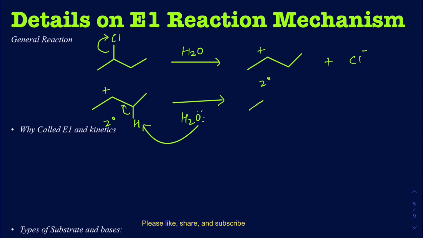So at the end of the day, you're still going to have an alkene made here, and obviously you're going to retrieve H3O plus. So that's your two steps in the E1 mechanism. The first step is the formation of the carbocation, which is also the rate determining step, and your second step is the weak base grabbing the proton.